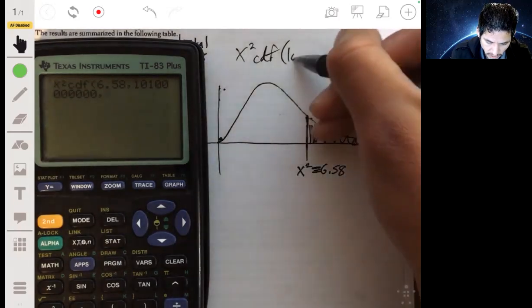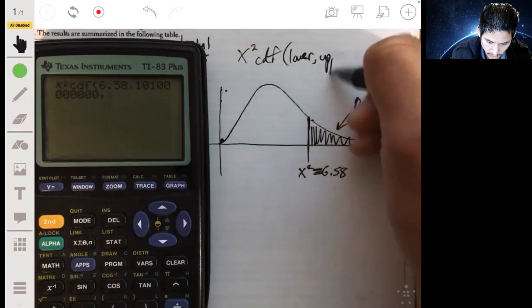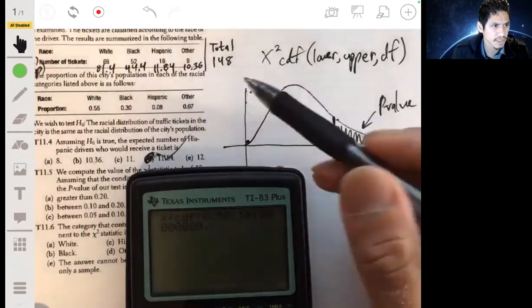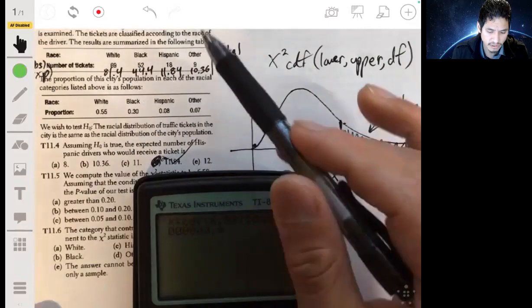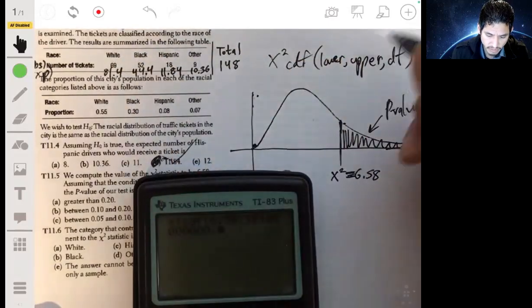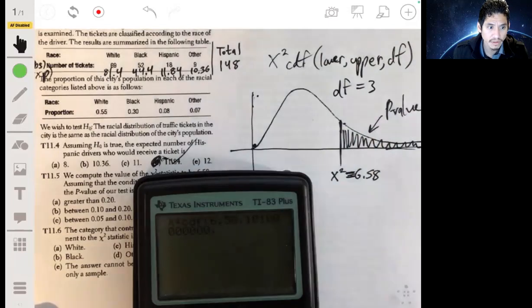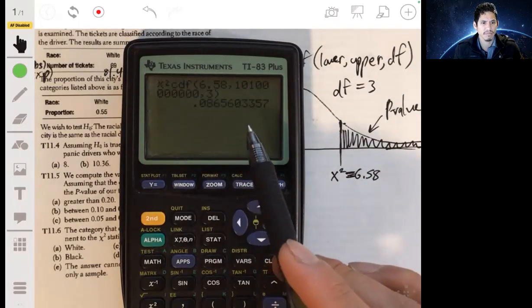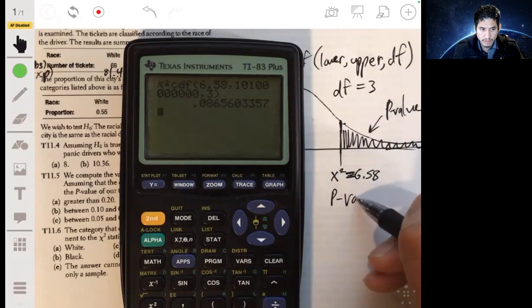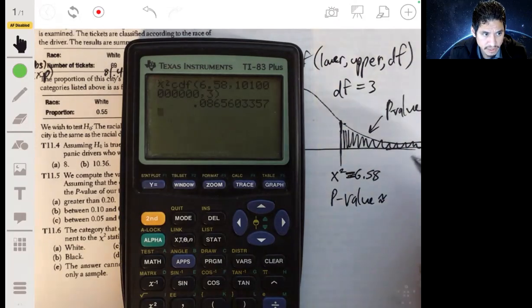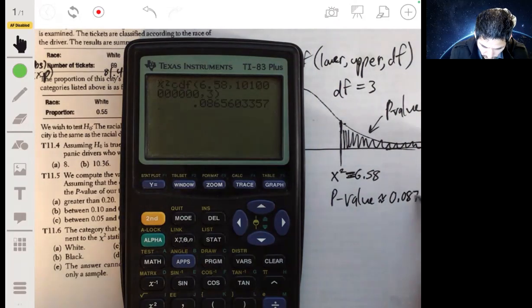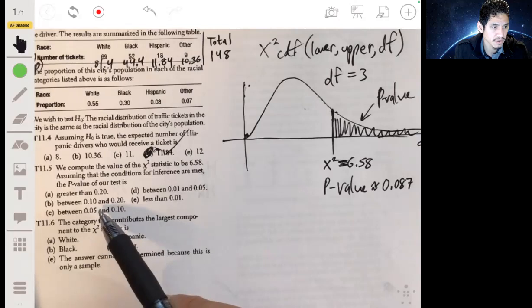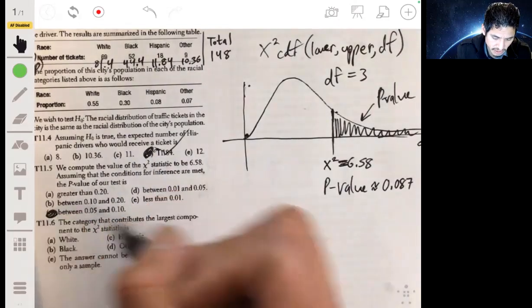The degrees of freedom is just one less than the number of categories. There are 4 categories, so the degrees of freedom would be 3. So I enter 3, and this will be my p-value. The p-value will be about 0.087, which is between 0.05 and 0.1. So our answer will be C.